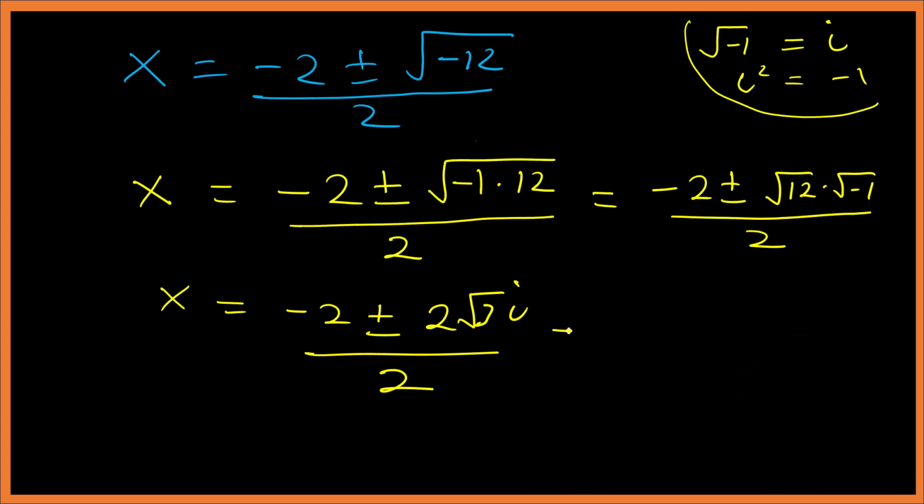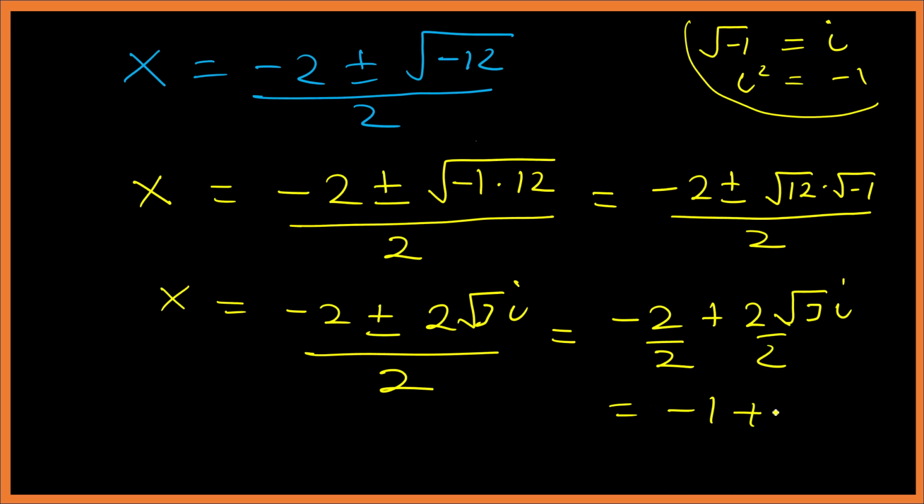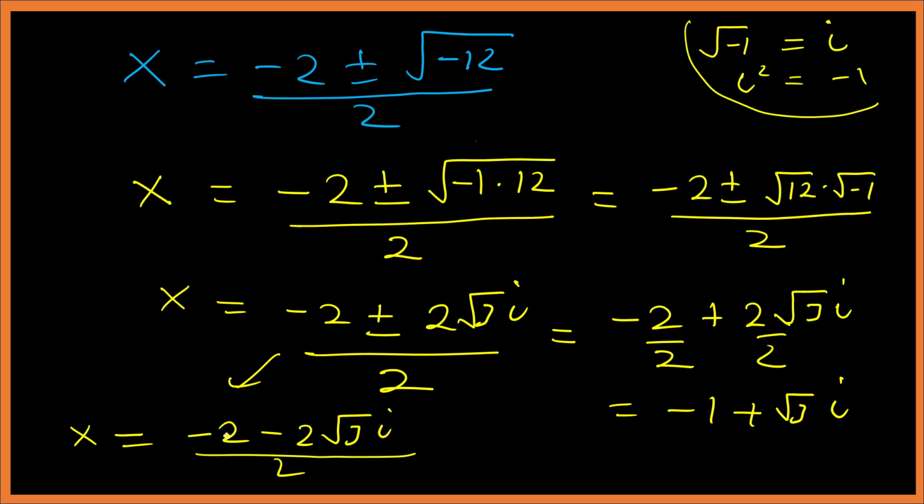Okay, so we have two answers: -2 plus 2 root 3 i. If I divide this side by 2, it will be -1 plus root 3 i. So the opposite will be -2 minus 2 root 3 i over 2. So this side will be -1 minus root 3 i.